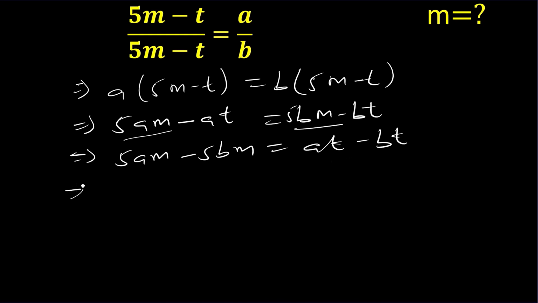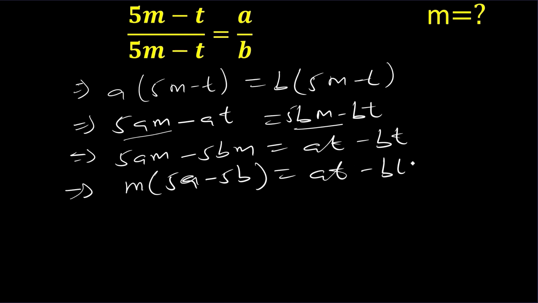All right, so since we have to make m the subject, we have no option but to take m out here. So we have 5a minus 5b. Okay, so let's divide both sides by 5a minus 5b.